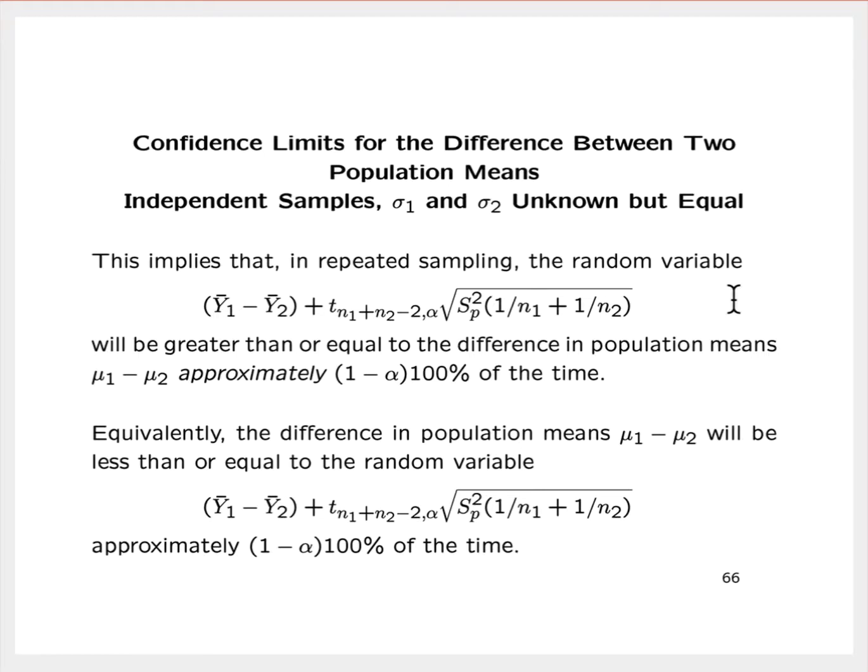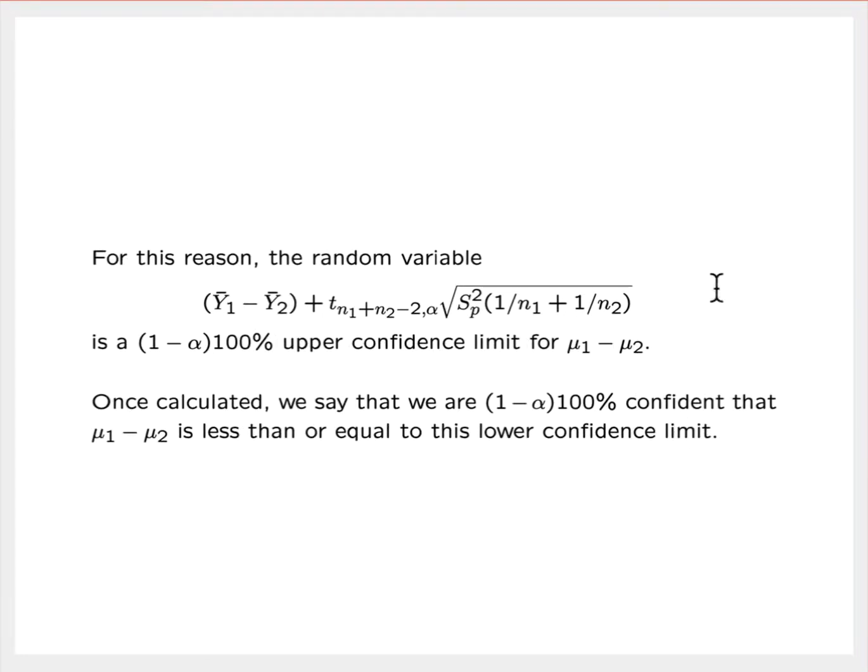Equivalently stated, we can say that the difference in population means mu1 minus mu2 will be less than or equal to the random variable given here approximately 1 minus alpha times 100% of the time. For that reason, the random variable given by the difference in the sample means plus the t-value times the estimated standard error of the difference in sample means is a 1 minus alpha times 100% upper confidence limit for the difference in population means mu1 minus mu2.